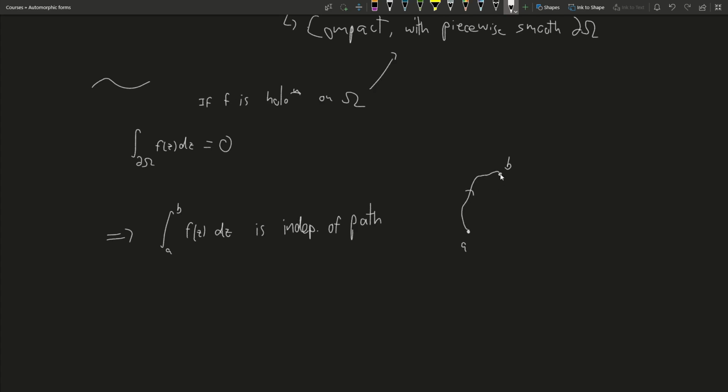Well, then you can also consider this integral from B to A, and then you've got this region omega inside, and if f is holomorphic on this region omega, then you know the integral around this boundary is 0. So that means that the integral from A to B this way is the same as the integral from A to B this way. So this fact follows immediately from this fact.